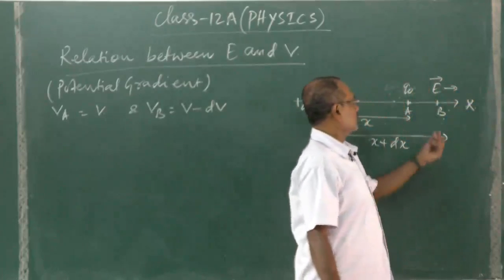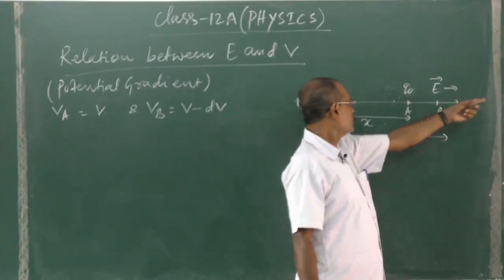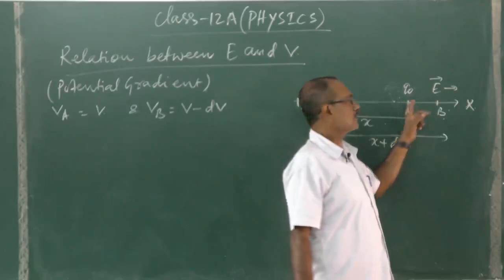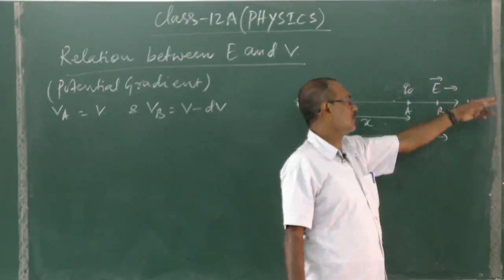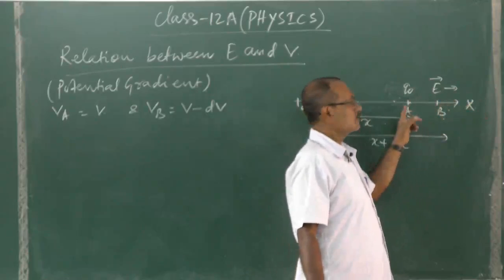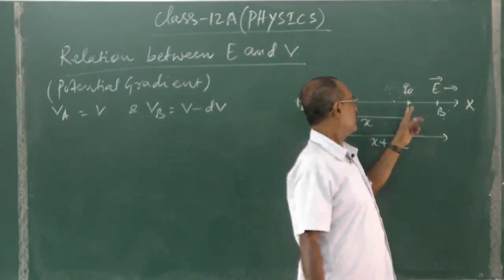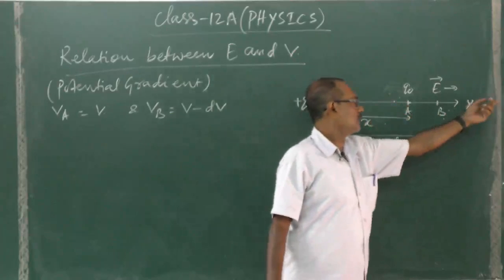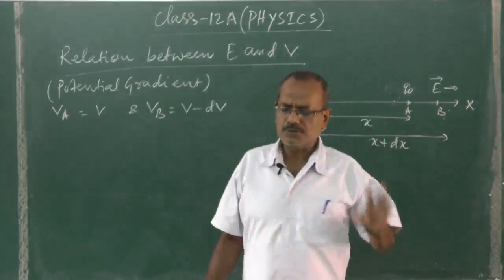So therefore work done to bring up to B is less than work done to bring up to A. Work done for bringing a unit positive charge from infinity to B is always less than work done to bring charge to A, because here distance we are moving less, here distance we are moving more, so work done will be more.